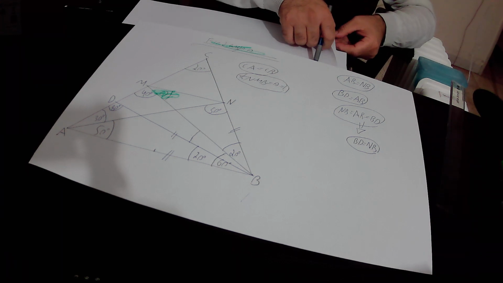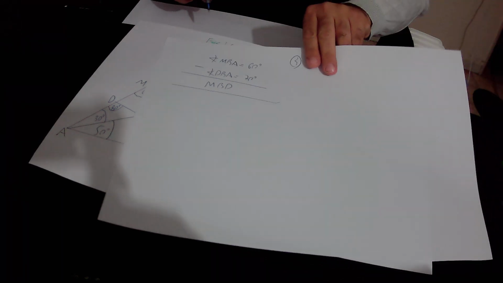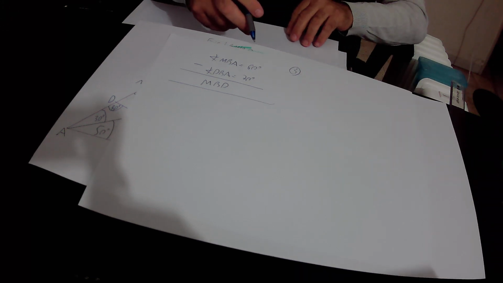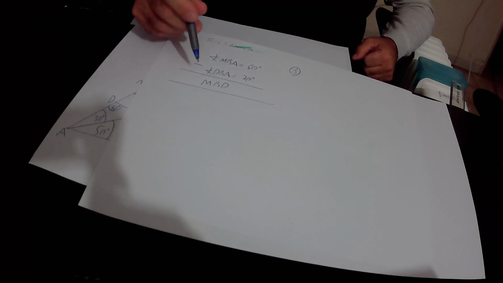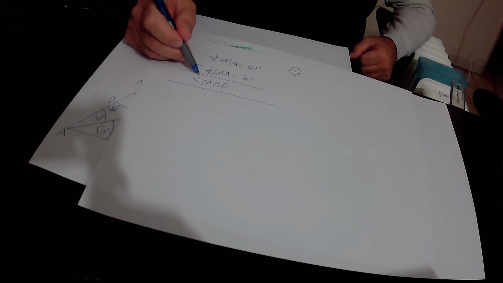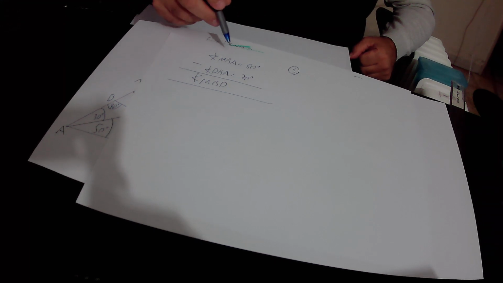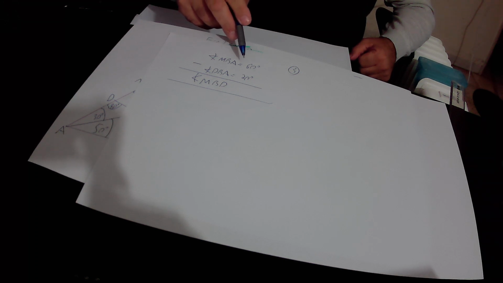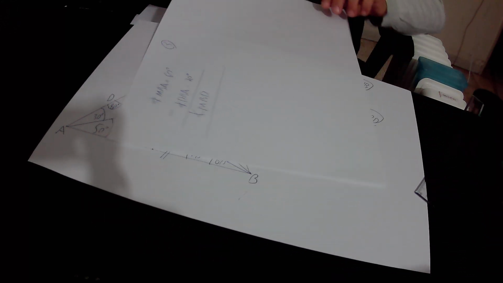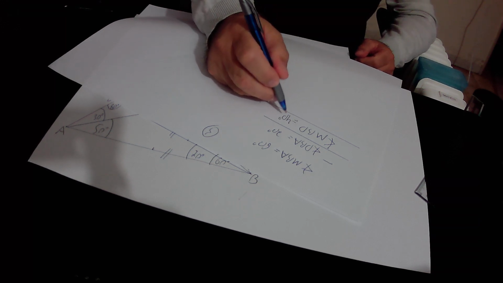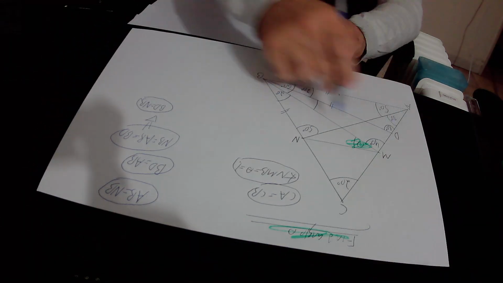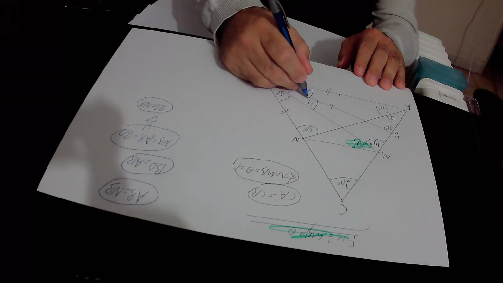Repeat again, the big angle, this is angle MBA, minus the small angle, that is angle DBA, equals the missing angle, this is actually angle MBD. So the big angle is equal to 60 degrees, the small angle equals 20 degrees, therefore 60 minus 20 is 40 degrees. So the missing angle MBD equals 40 degrees in size.